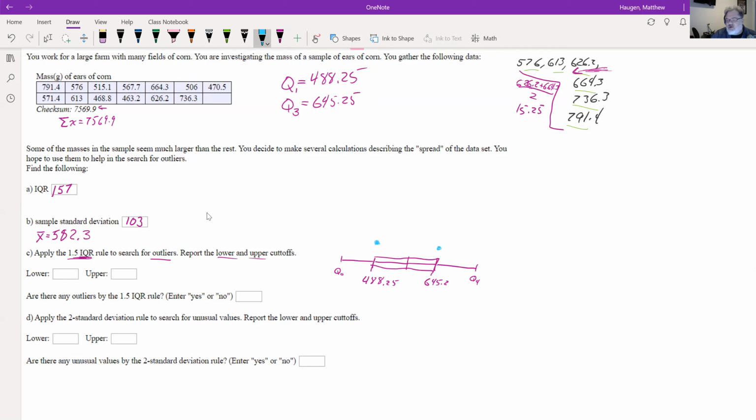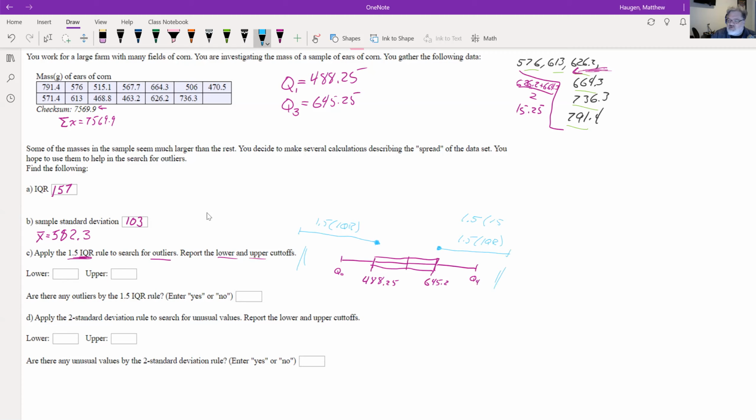Anything past that, we're going to call an outlier. Same thing on Q3. We're going to go from Q3 and add the 1.5 interquartile range to get a boundary, and anything outside that boundary, we're going to call an outlier. So we need to know what 1.5 times our interquartile range is.